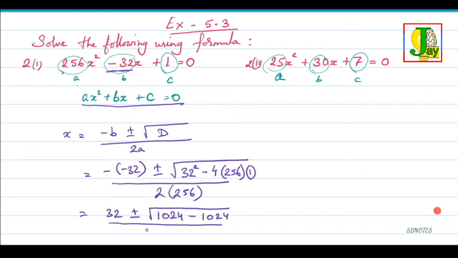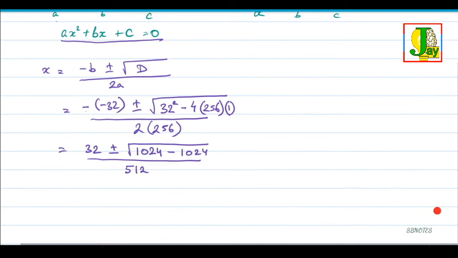Then 2 into 256 is 512. So that's 32 plus minus, this becomes 0 by 512. Both the roots are equal, so 32 by 512 and 32 by 512.